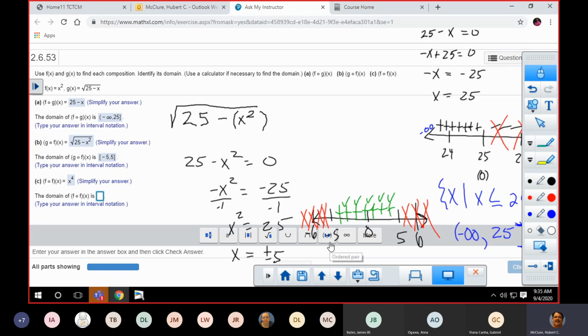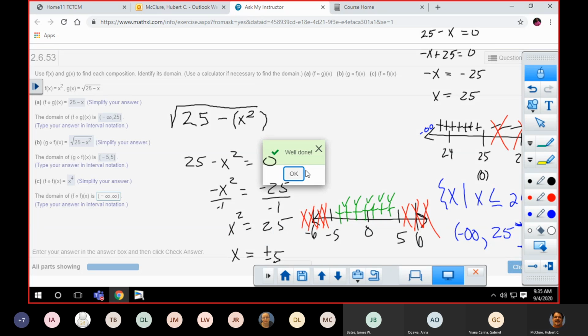Negative infinity to positive infinity, all real numbers. And we feel good about ourselves. There's 3 good test questions right there.